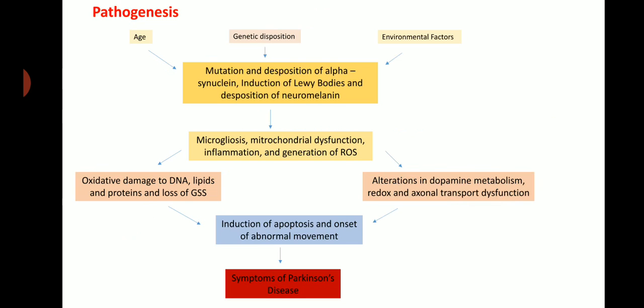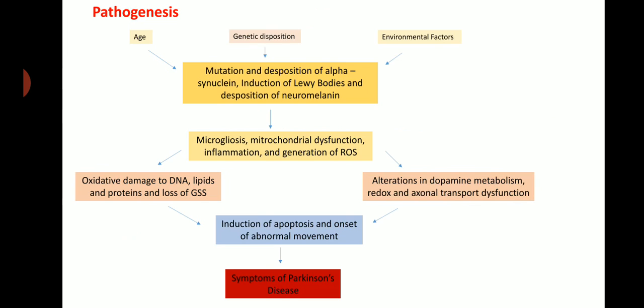After that, Lewy body depositions or the neuromelanin. After the Lewy body formation, microgliosis occurs. What is that? It is the mitochondrial dysfunction found in the brain cells. After that, inflammation and generation of ROS.